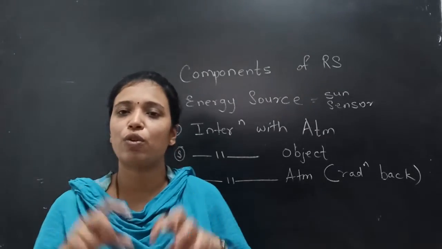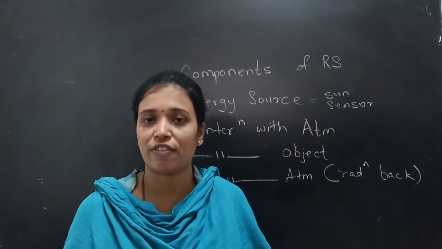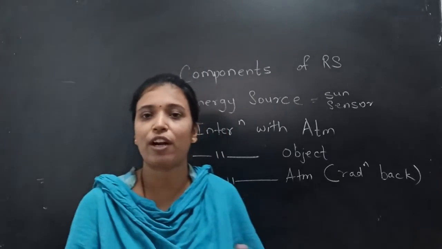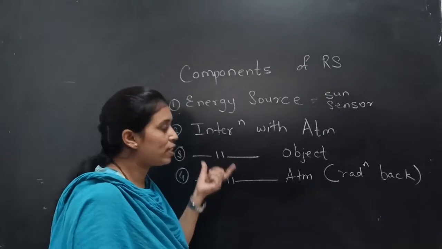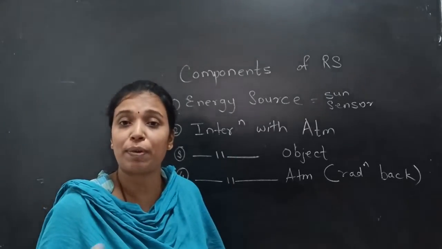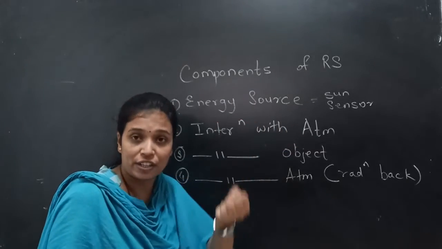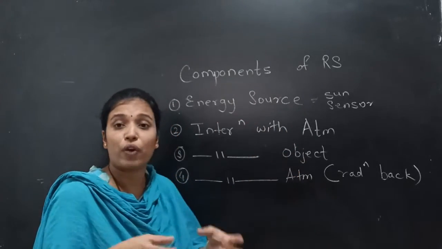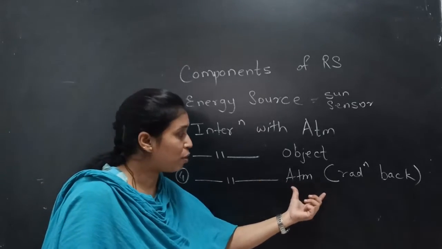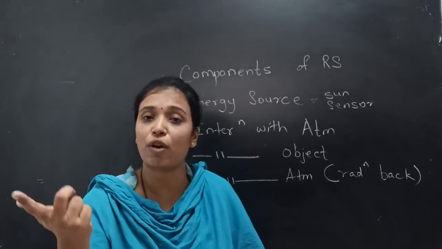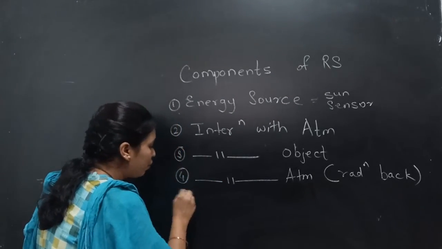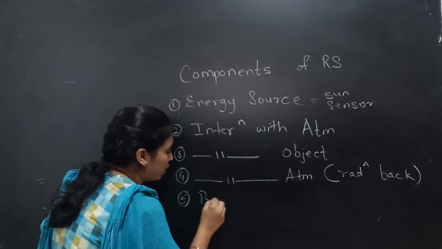It consists of all those things, that is radiation, reflection, refraction, scattering, emission, and all these things. So these three types of interaction are the same. Only what type of interaction takes place with atmosphere when the radiation is coming, with the object when it is interacting on the earth, and third one is with atmosphere when the radiation goes back from earth to the sensor.